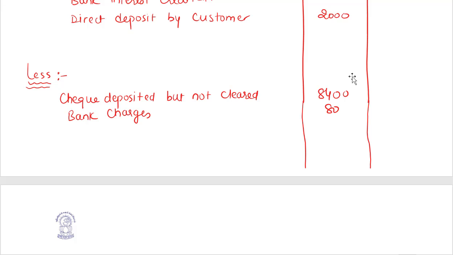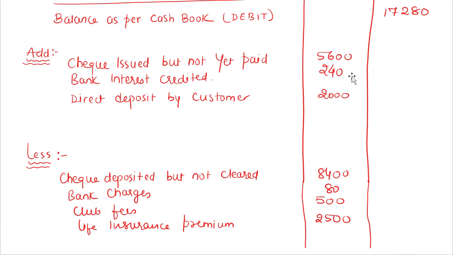So just write over here, club fees 500 and also write life insurance premium 2500. So these things we need to deduct and these three items we need to add.